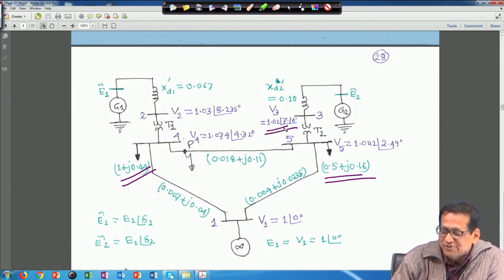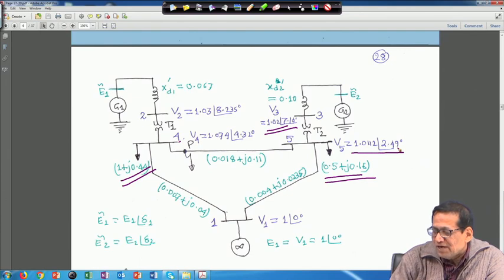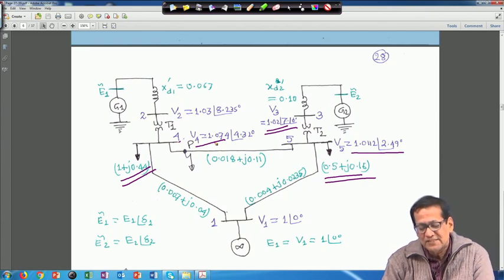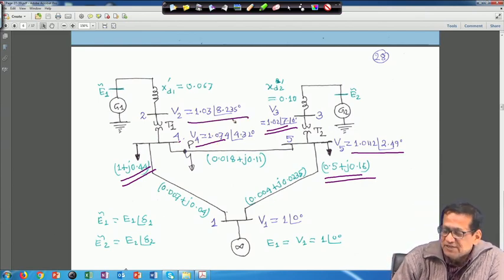V3 is equal to 1.02 angle 7.16 degree. This is the load flow solution. V5 is 1.0112 angle 2.49 degree, and V4 is 1.074 angle 4.32 degree, and V2 is 1.03 angle 8.235 degree. All these things are given.